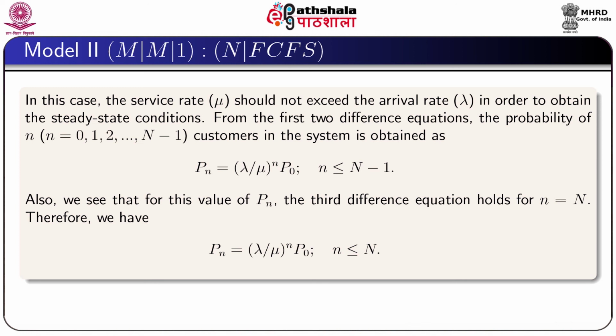Also, we see that for this value of P_n, the third difference equation holds for n equal to capital N, and therefore, we can write P_n equal to (lambda by mu) to the power n into P_0 for n less than or equal to capital N.